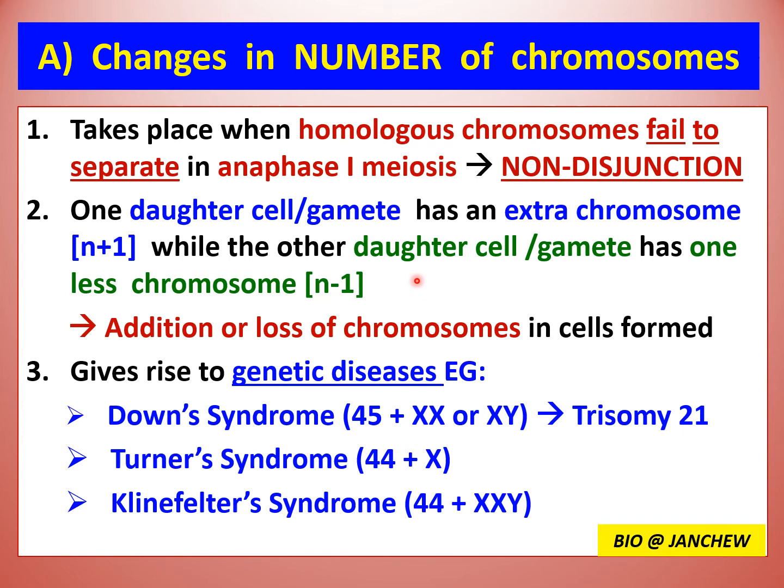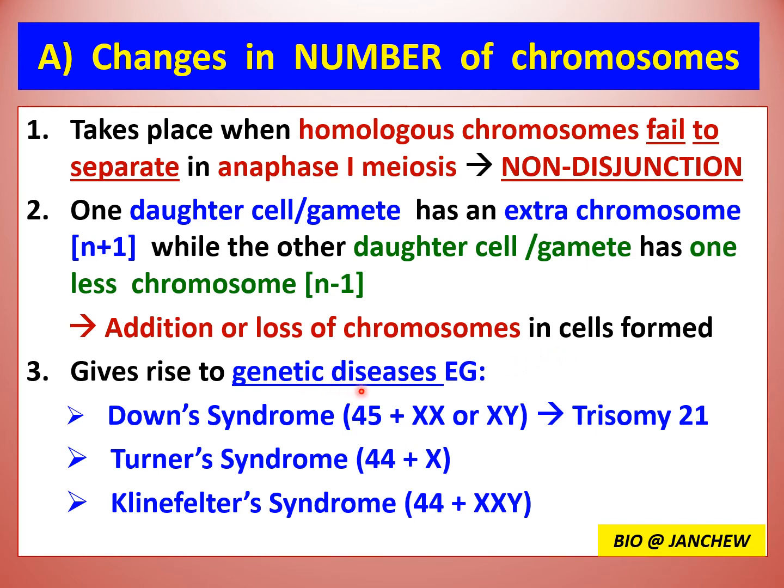That means only 22 chromosomes. So a normal human gamete should have 23 chromosomes. But because of non-disjunction, the abnormal gamete formed has 24 chromosomes or 22 chromosomes. So there's addition or loss of chromosomes in the gametes formed.